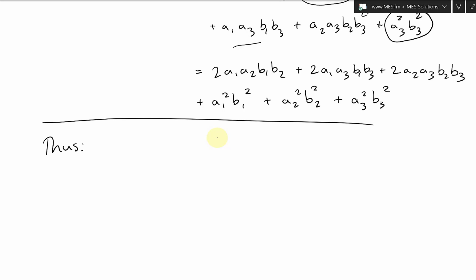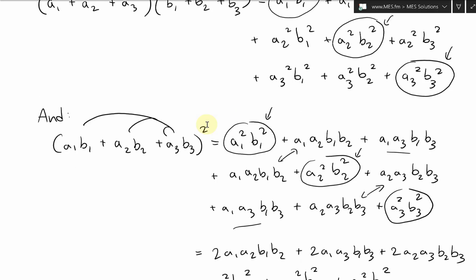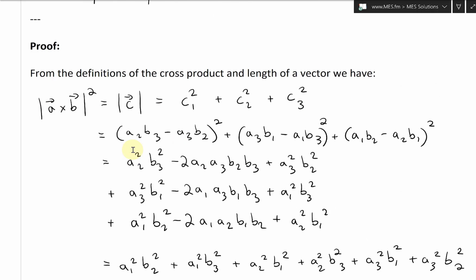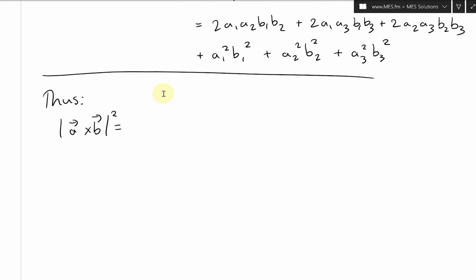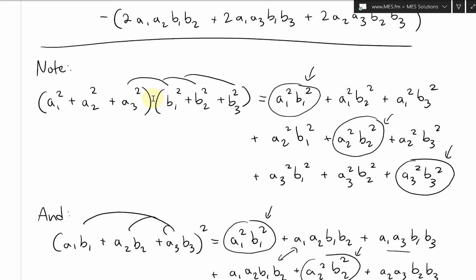So thus, I'll put these all together. Let's write this all down. Thus A cross B squared is equal to, well, this is a C squared, like that. I forgot to add that square there, but anyways, everything's squared. This becomes C squared. And this equals, what I'm going to write down is this part right here.